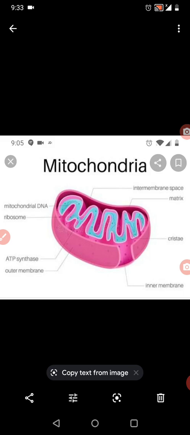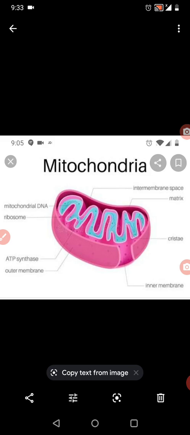I repeat, inside the mitochondria foodstuff is present and enzymes are also present. Now this foodstuff gets oxidized. Oxidized means it takes in oxygen along with the enzymes and releases CO2 and water.